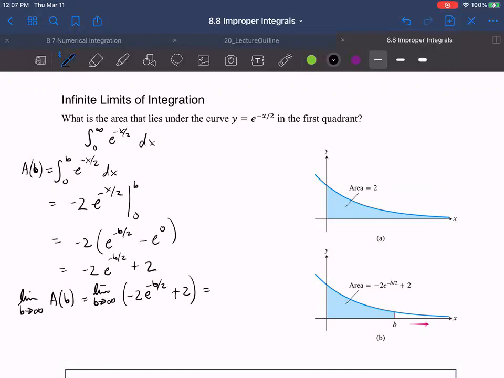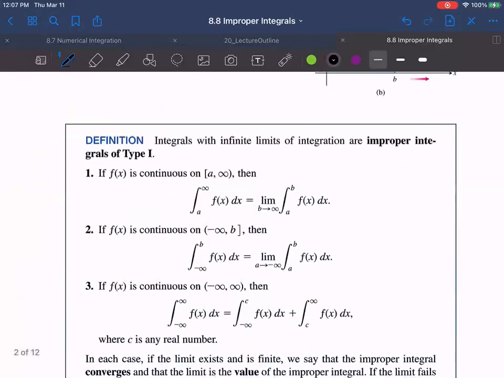And so this ends up equaling 0 plus 2, or just 2. So as we go to infinity, our area does approach 2. Converges to 2 there. I mean, no matter where we stop, we're going to be slightly less than 2, but the further we go and keep going, we're going to get closer and closer to 2. It's like our area underneath asymptotes to 2, right? Okay, at least that's the way I think of it.